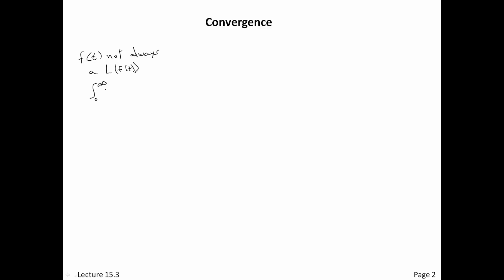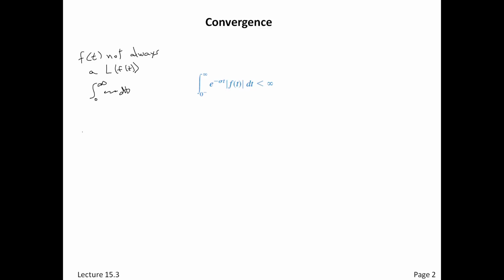So if whatever I've got going on in here, dt, doesn't converge at infinity, I don't have a viable transform. I don't have a useful transform at all. All right? So here is a picture of that, or at least a definition of that.